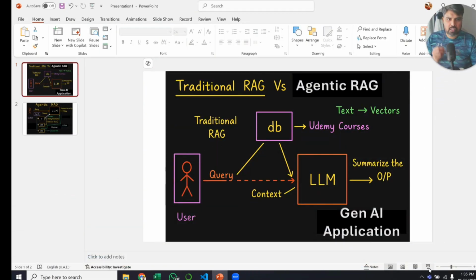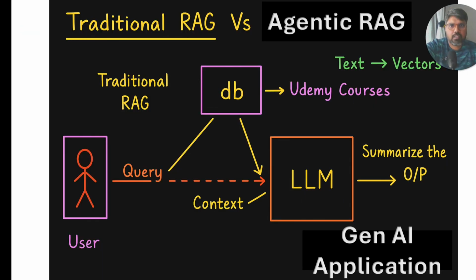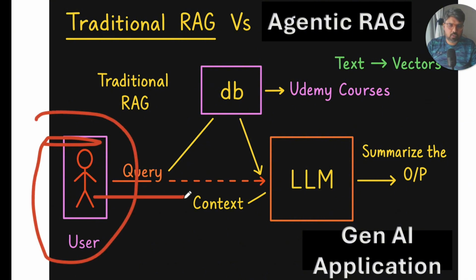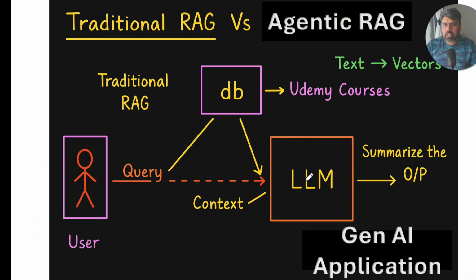So all of you, if you can see my screen, this is the basic difference. What you are seeing right now is a traditional retrieval augmented generation. What happens here is you will see a user asking a specific question to the large language model, and this is connected to a database.